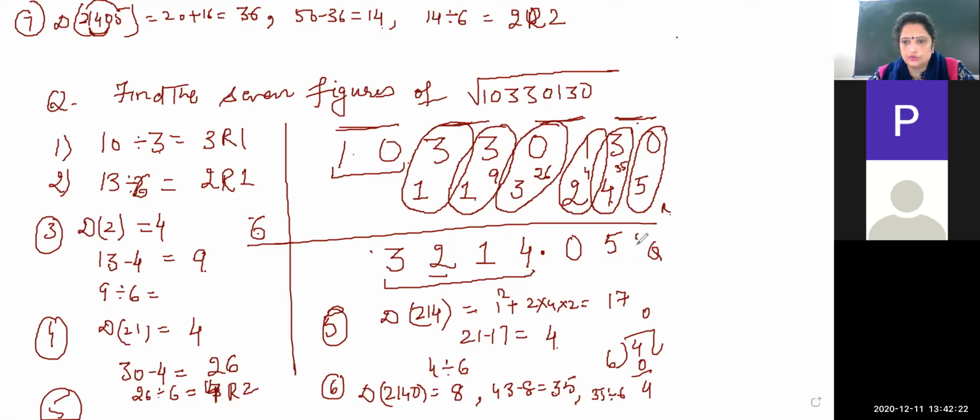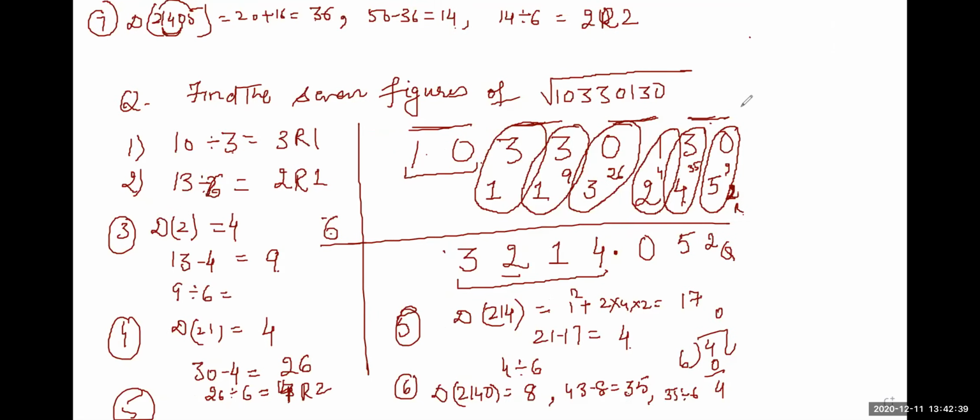So here is 2, and here your 2 will come ahead. Put 0.0 after this. You put 0.0 here, and this 2 remainder has come, which will be in the next category.